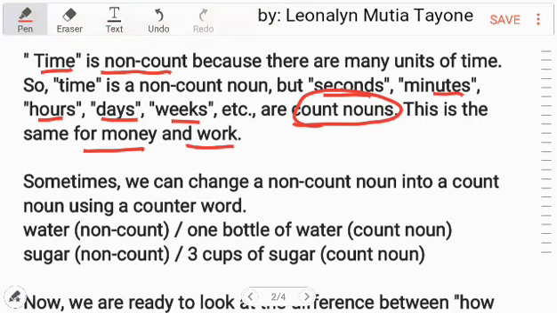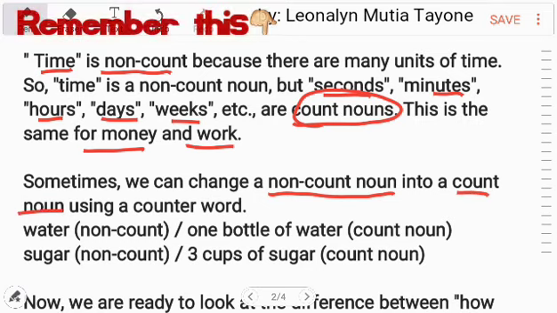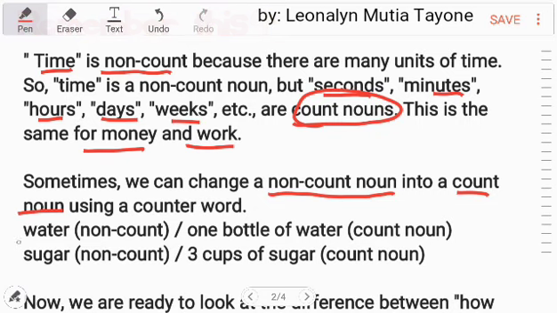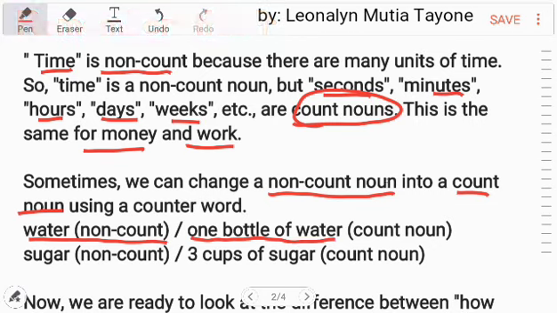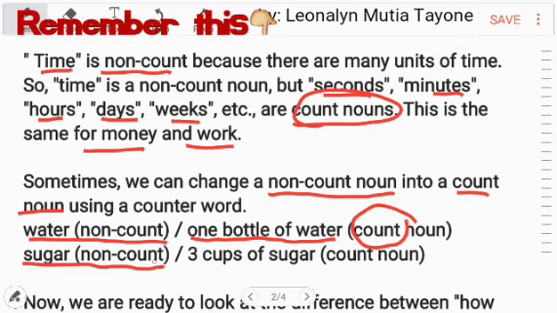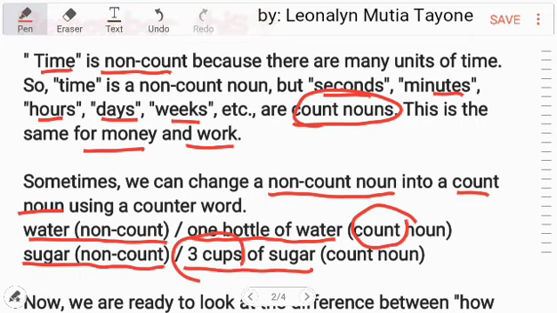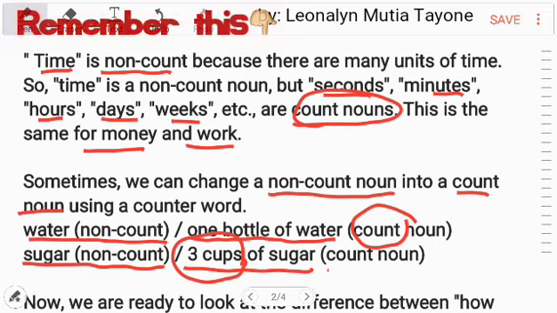Sometimes we can change a non-count noun into count noun using a counter word. Water, non-count yan siya. One bottle of water, that is count noun. Sugar itself is non-count, but 3 cups of sugar, count noun.